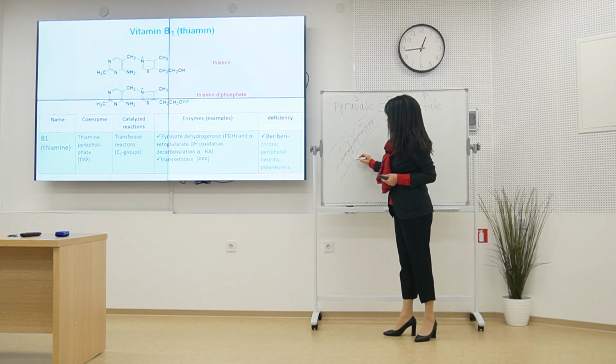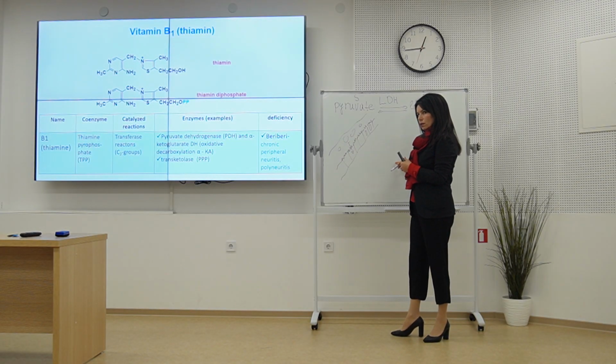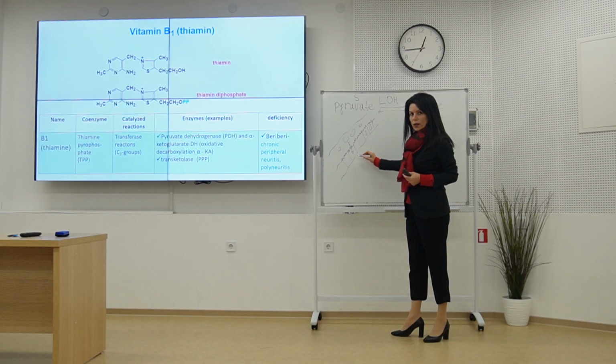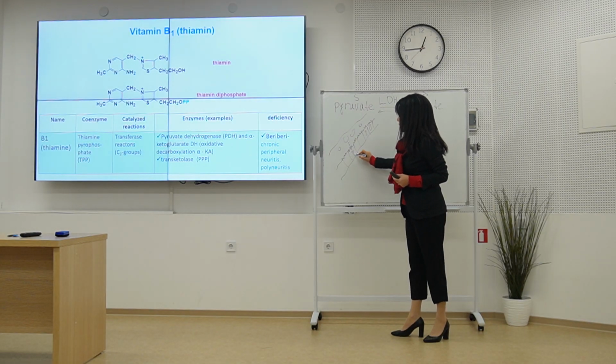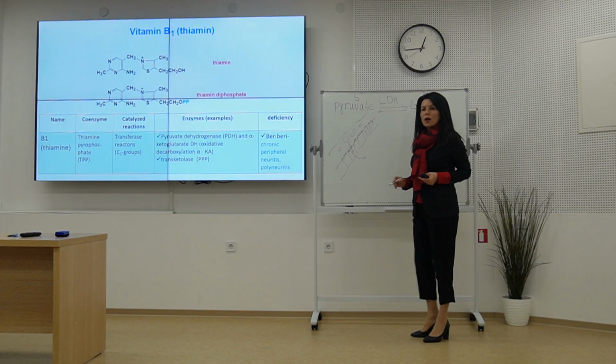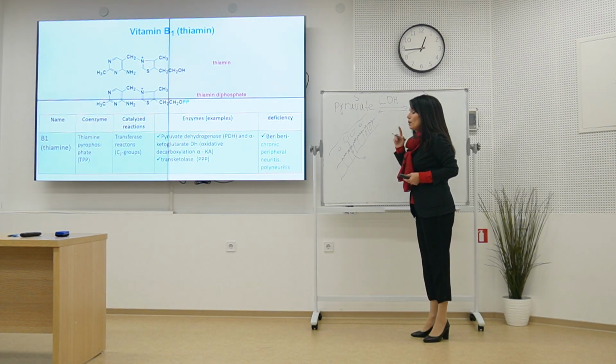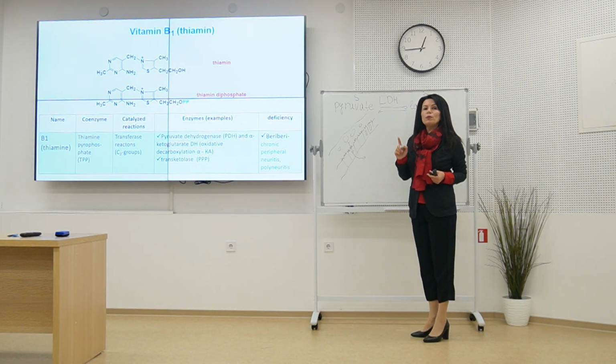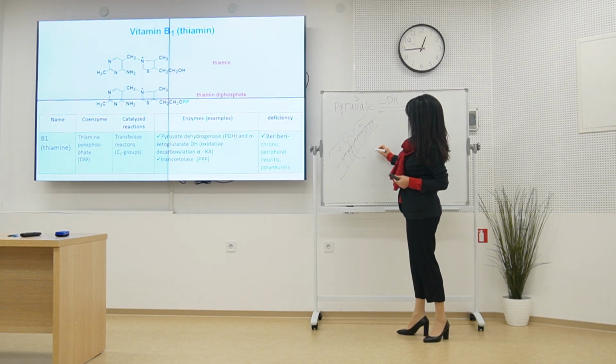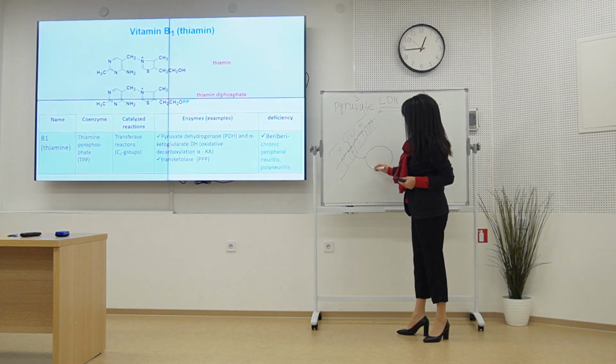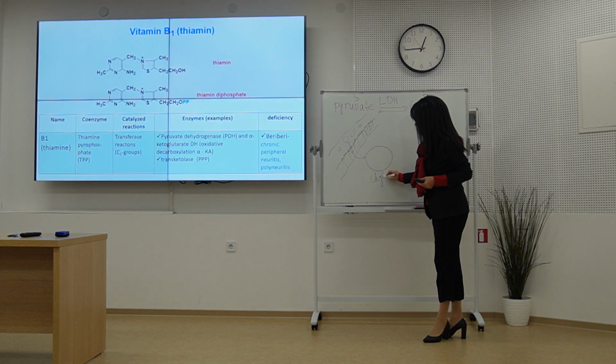After that, to be absorbed in the blood, thanks to the basal membrane, this is the blood, there is possibility of the formation of specific particles which are responsible for the transport in the blood. These particles are called chylomicrons.